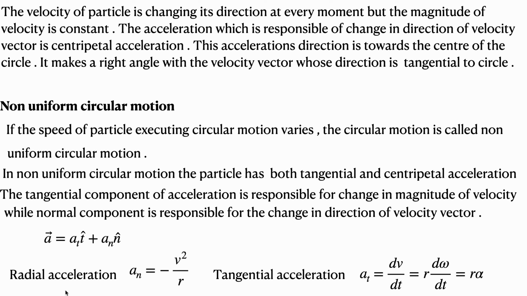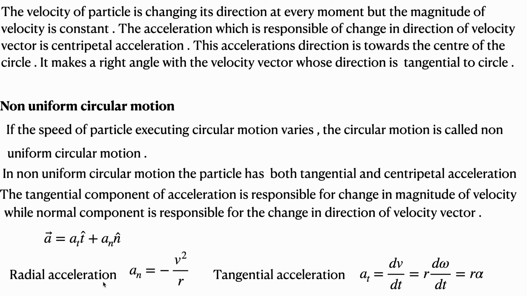So we can write the acceleration vector equals at t cap plus an n cap, where t cap is a unit vector along the tangent direction and n cap is a unit vector in the radially inward direction towards the center.